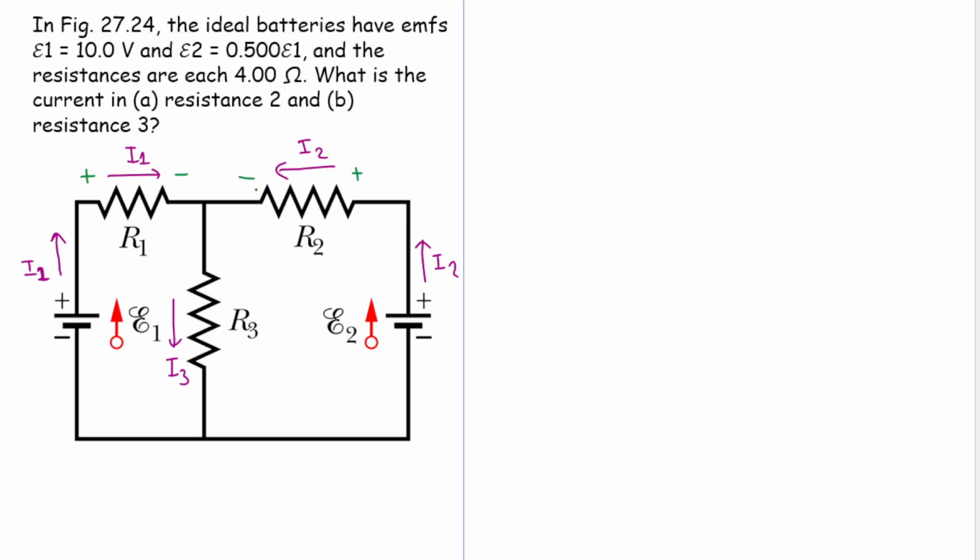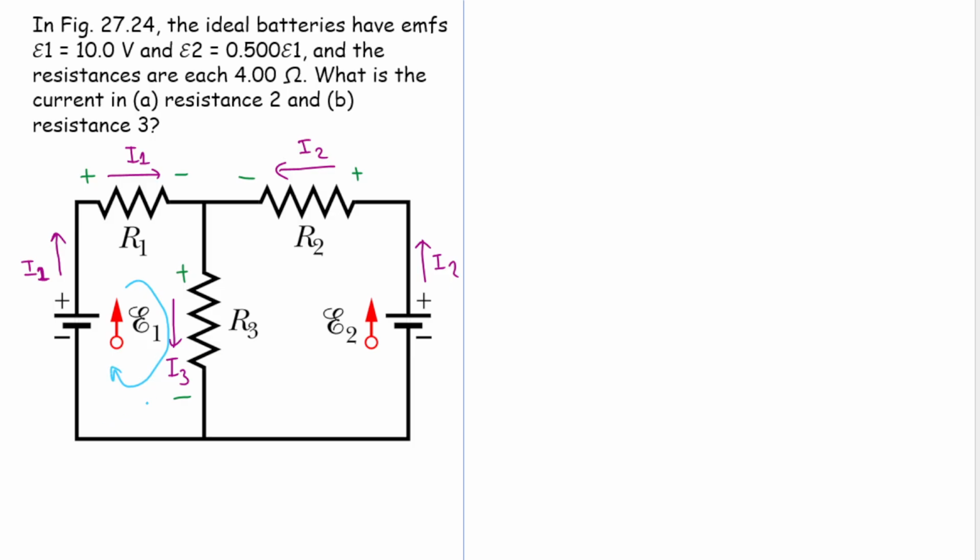Okay, the sign will be very important when doing the loop rule. Now let's see I3 here. The positive sign will be here, and the negative one will be here. Good. And now let's assign the loops. Here we have the current going up, to the right, and down, so why don't we just make the loop the same as that?